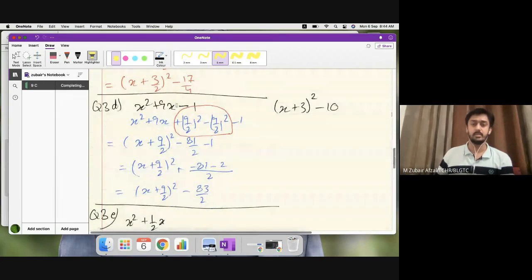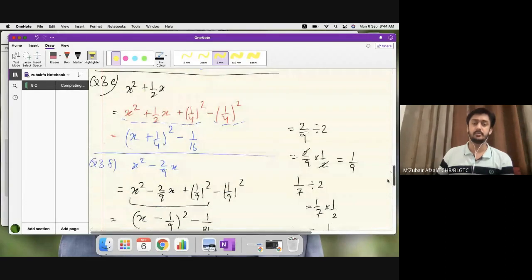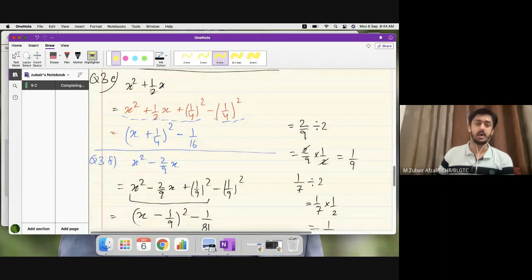Where is this 9 by 2 coming from? Half of 9. Where is this 1 by 4 coming from? Half of 1 by 2. 1 by 2 divided by 2 is 1 by 2 into 1 by 2, that is 1 by 4. Half of the coefficient of x.